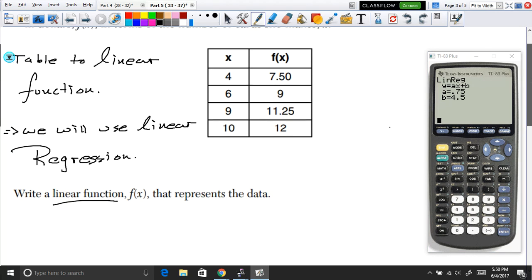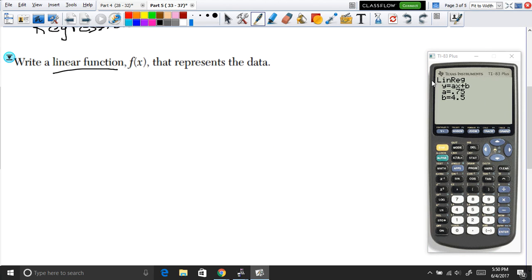So here, this is our function. This is saying that our function is y equals a of x plus b, and that a is equal to 0.75, and that b is equal to 4.5.